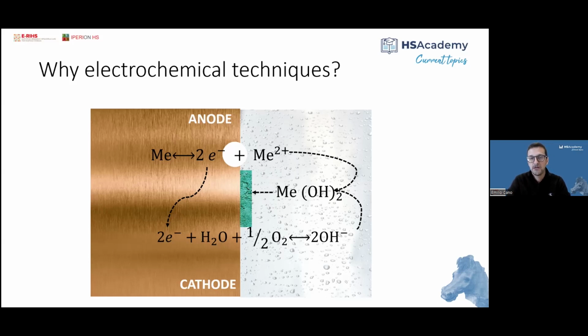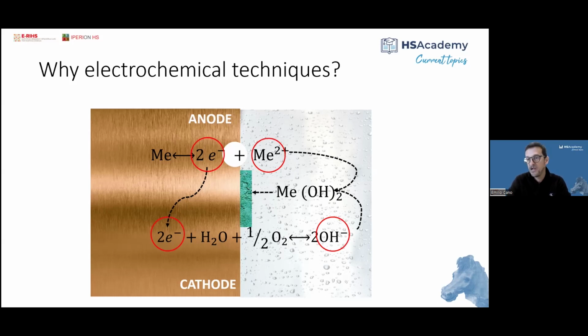to produce the so-called cathodic reaction, in which some species, typically the oxygen in the environment, are reduced to form different ions. These anions and cations react within the electrolyte and precipitate and form the corrosion layers. And as you can see here, we have ions and we have electrons moving around.